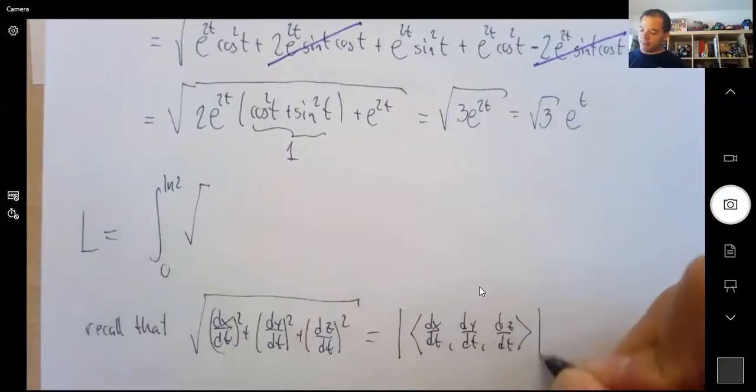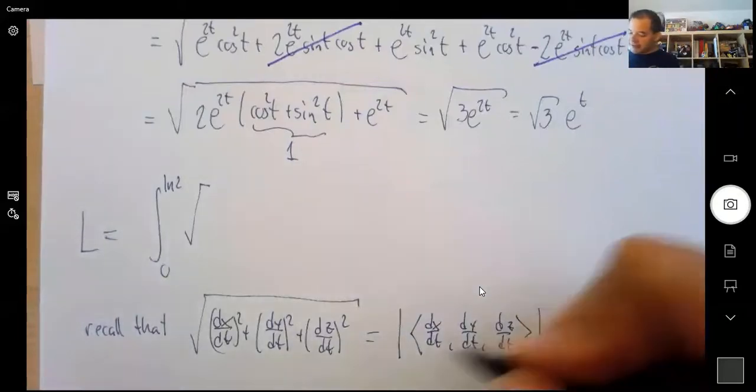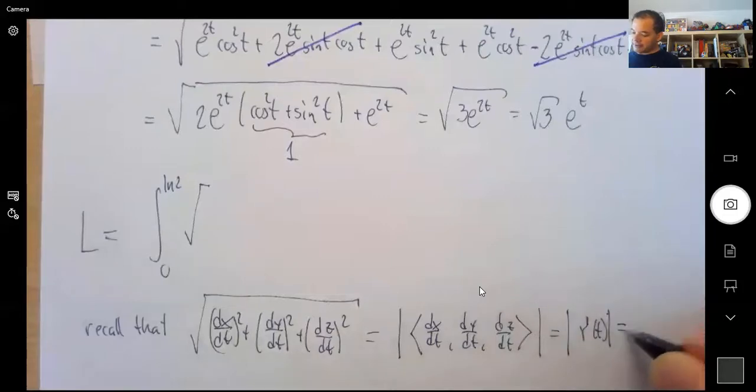Isn't that how we get magnitude? Yes, that's correct. And this is exactly the derivative of r. So this is the magnitude of r prime, the magnitude of the velocity. So this is the speed.